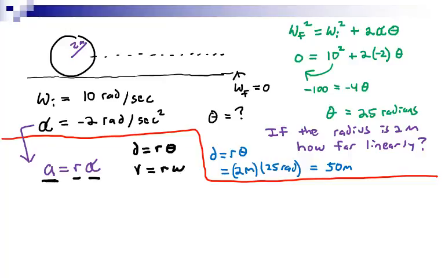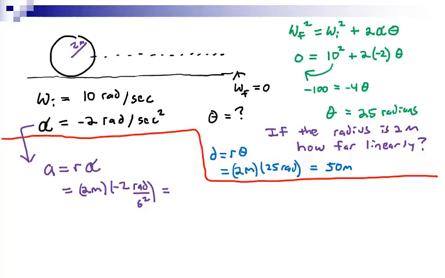Similarly here, if we take the radius times the angular acceleration, we can get the linear acceleration. So if we do that, we take 2 meters times the angular acceleration, -2 radians per second squared, and we get -4 meters per second squared.